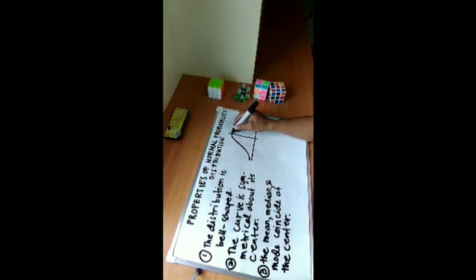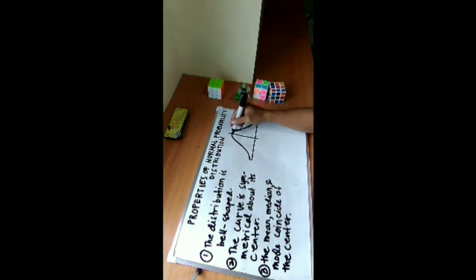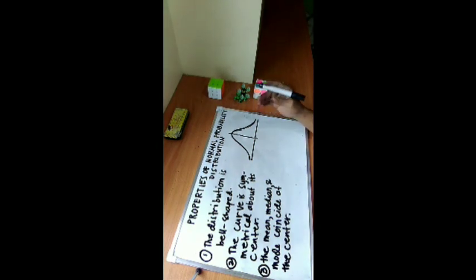Whatever image is portrayed here should be the same as the image here. They are symmetrical. They have the same curve, the same width, the same height. So that is called symmetrical about its center, meaning at the center.